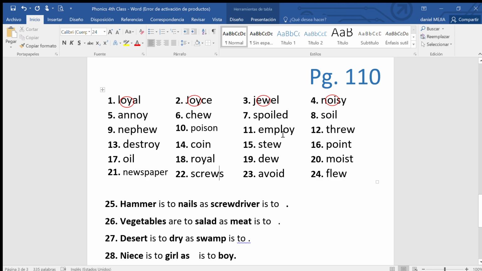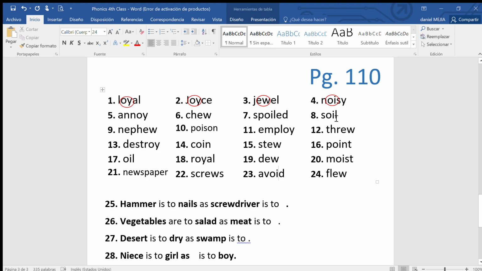Employ means when you give someone a job. Stew is a kind of food, okay, that you prepare with meat, okay? Dew. For example, have you seen in the morning that the car has a little bit of water on top? It means the dew. Avoid, okay? For example, not to come close. For example, I avoid getting in trouble. Noisy, when it has a lot of noise.